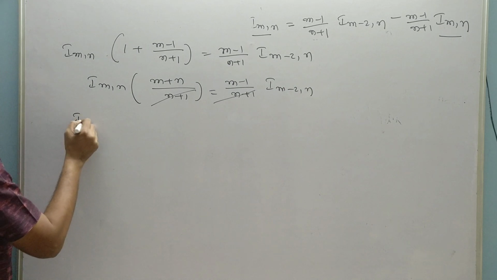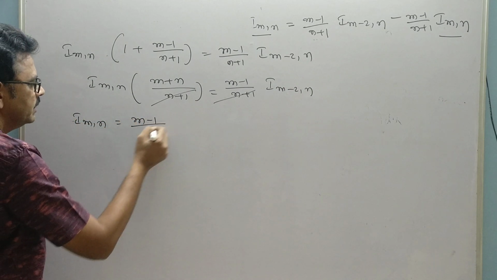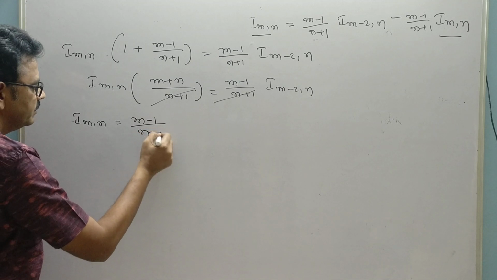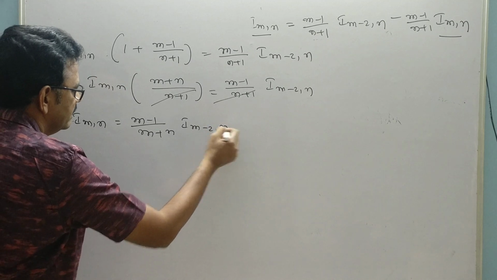Therefore, I(m,n) is equal to m minus 1 by m plus n, I(m-2,n).